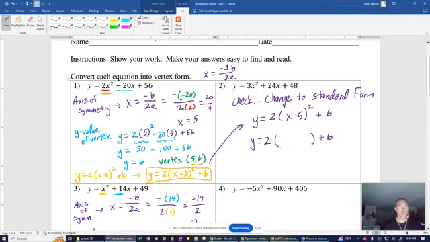When you square the parentheses, if you want to use the formula, you do the first thing squared, that's x squared, plus 2 times the first thing times the second thing. So 2 times x times negative 5, that's a negative 10x. And then you square the second thing. Negative 5 squared would be a positive 25.